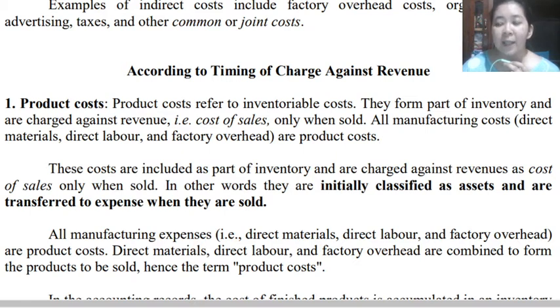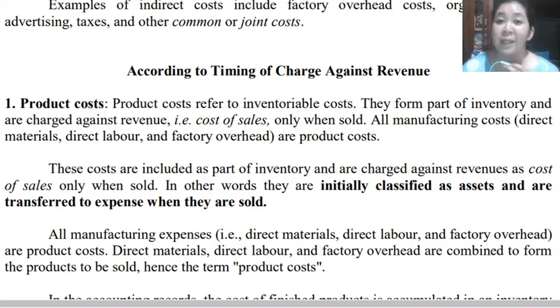The second entry will be to recognize the cost, or to match now the cost of this inventory against our revenues. So the entry will be to debit cost of goods sold or cost of sales, credit inventory account. So here, please take note that the normal balance of our cost of goods sold is debit.